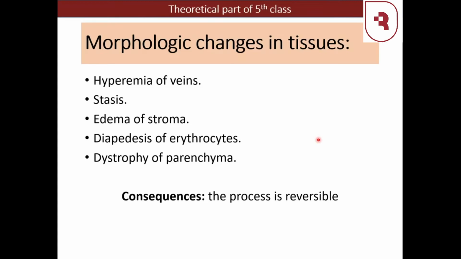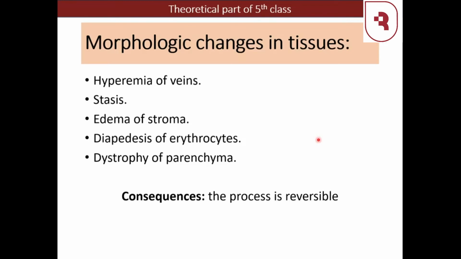And also we will see dystrophy of the parenchyma. It could be any type of dystrophy, and it may be mixed degenerations, parenchymatous or stromal-vascular, mostly proteinous degenerations here, or fatty degeneration is also possible. And also necrosis. I forgot to put it on the slide, but necrosis is also possible among the morphological changes.